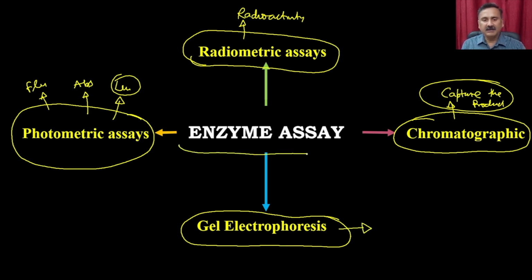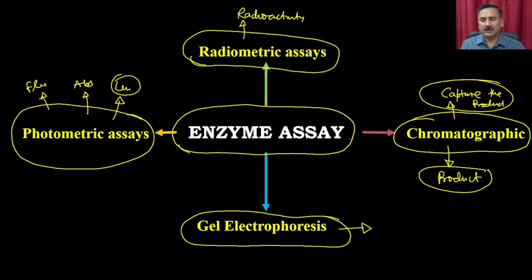So enzyme assay is a very complicated recipe, or I will say an enzyme assay is a complicated protocol, where you are going to use not only one type of assay. You may have the possibility of using multiple combinations of different types of techniques. For example, you can use chromatography techniques to isolate the product, right?